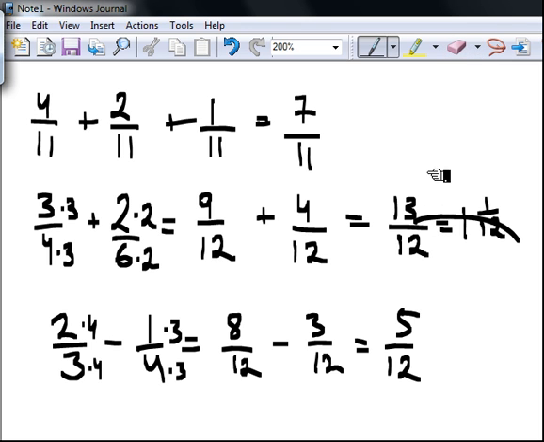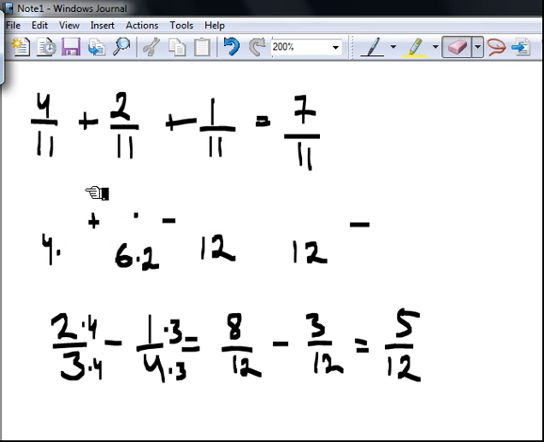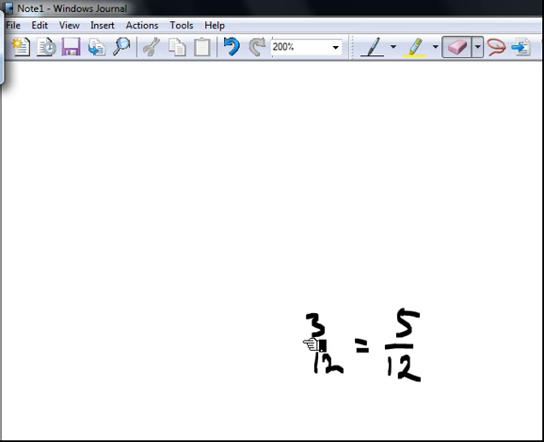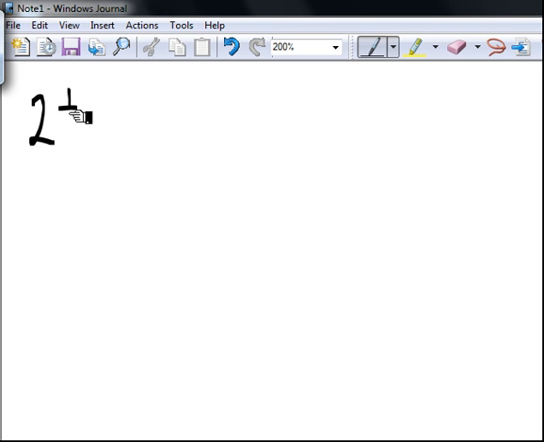Let's take a couple more examples. Let's say we want to do addition and subtraction with mixed numbers. Let's say we have 2 whole and 1/4 plus 1 whole and 1/3.